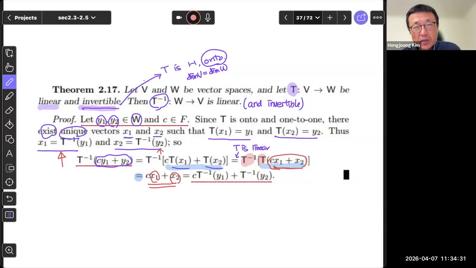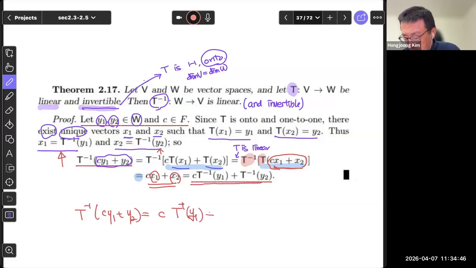So if I replace x1 and x2 by those, we get T inverse of c y1 plus y2 equals c times T inverse of y1 plus T inverse of y2. That confirms the linearity of the T inverse mapping.